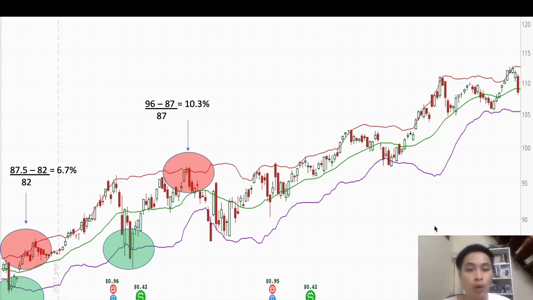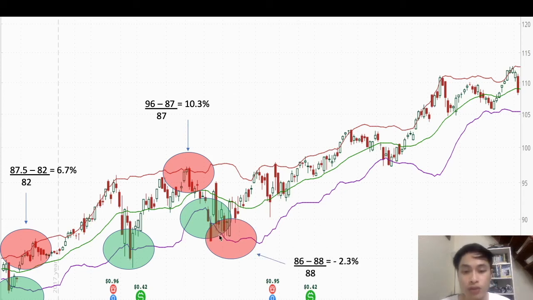Alright, so where will we have entered our stock next? We would enter here, right? Because prices are at the lower Bollinger Band. But can you see that after we enter, prices immediately fell? So once prices immediately fell, what we want to do is acknowledge that, okay, we made a mistake on this trade. So we will get out at this point, right? So we will have made a loss on that trade. So how much will we lose?